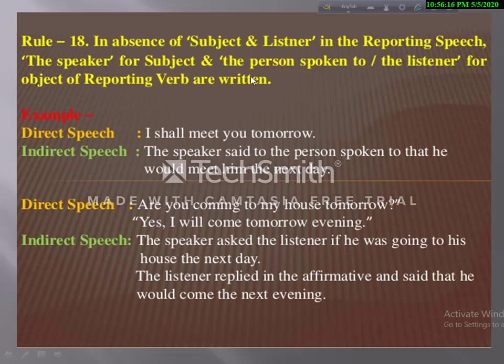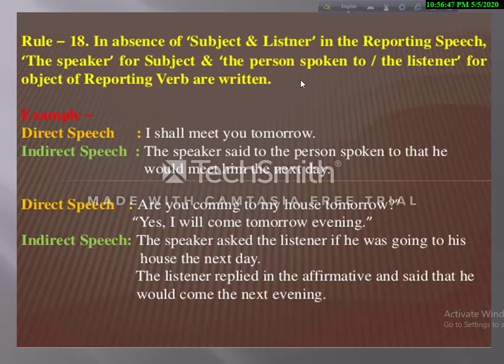So that's another rule. Actually, this rule is not important, and these types of sentences are not actually asked, and that is why at rule 17, I have said this is the last rule here. You may sometimes get sentences without any listener or speaker. The speaker or the listener may be absent from the sentence.